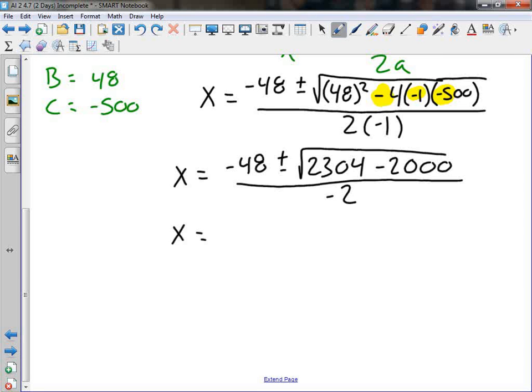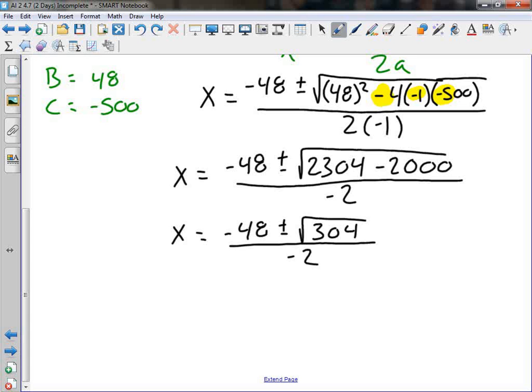All right, let's do a little bit more simplifying. Plus or minus square root of, it looks like, 304. Okay? And at this point, if we were doing a regular book problem, we'd probably call this good. I don't think 304 comes out to a nice number.